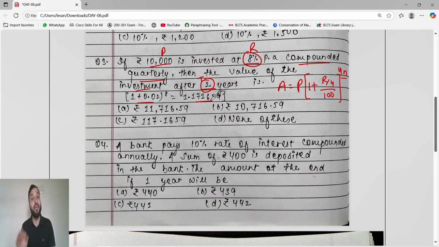Whatever value they give, we have to use that value only. Don't become Chacha Chaudhary and use another value. So this value is given, 1.02 power 8, and we'll use the same value: 1.171659.